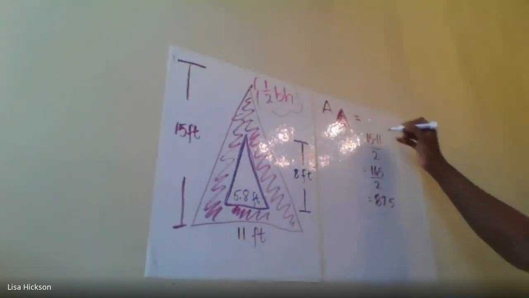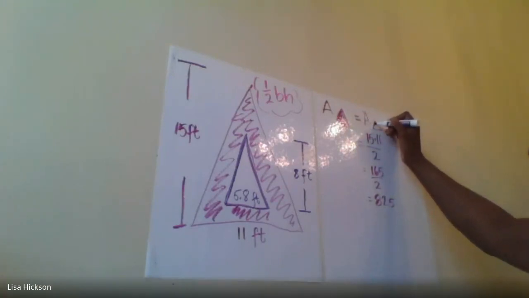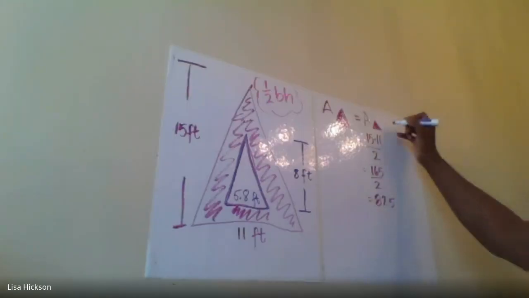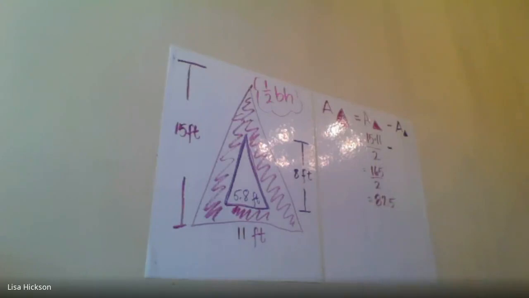I agree. So now she did the area of just the whole shaded triangle. All right. Now, what about that purple triangle? What you going to do with it? I'm going to take it away. Yes. Take away the area of the purple triangle. So, what's the area of the purple triangle?